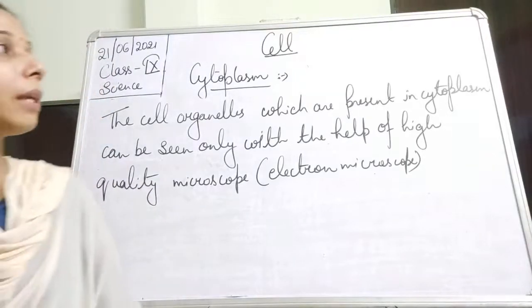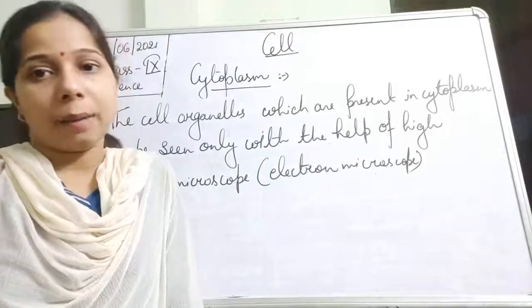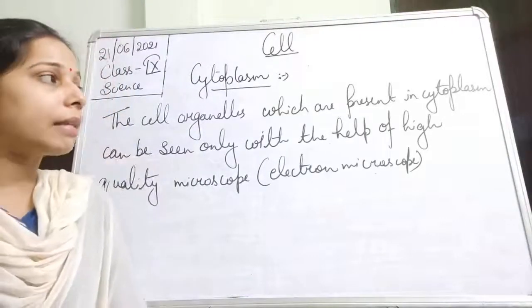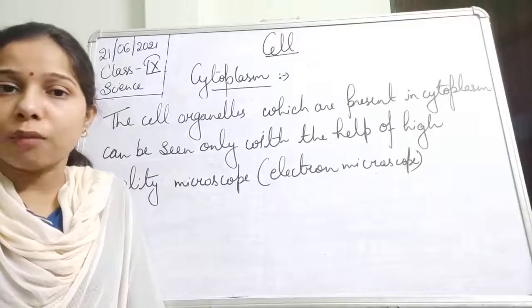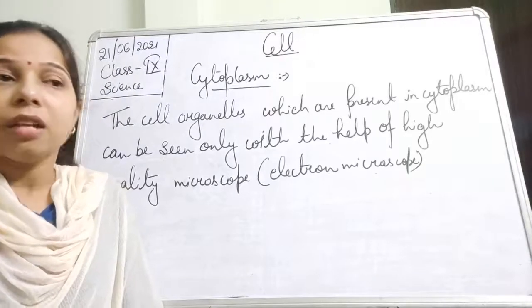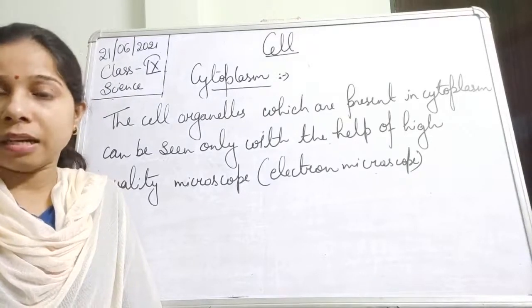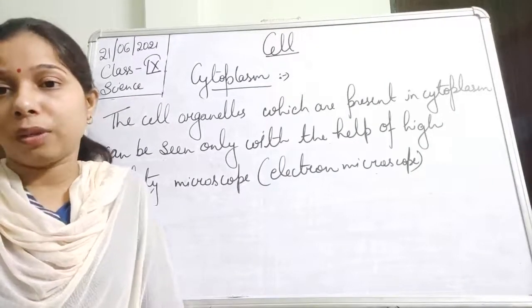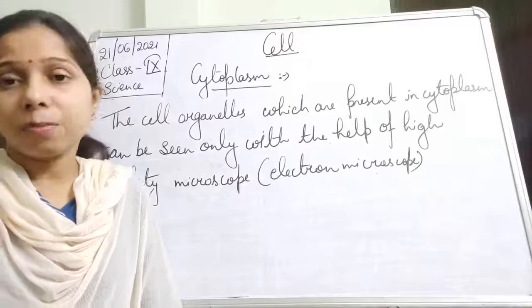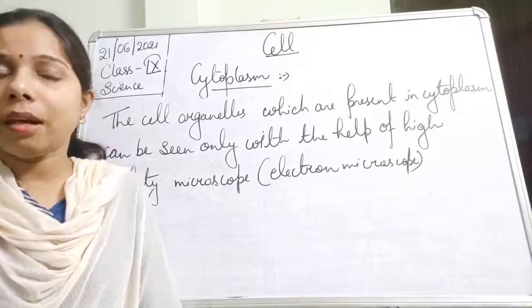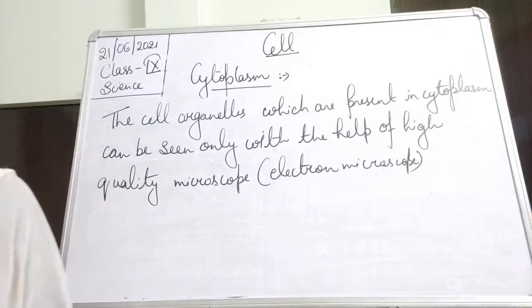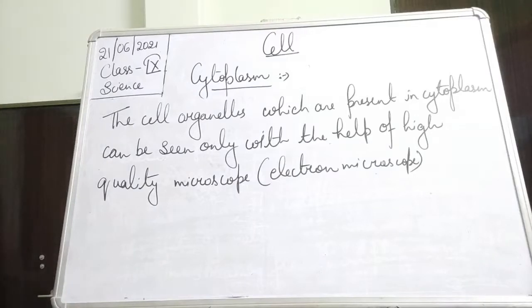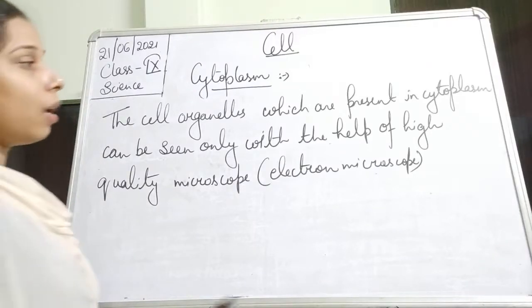This genetic material can be DNA or RNA. So in a virus there is no cell wall, no cell membrane, and no cytoplasm. Now moving on, we will see the cell organelles.